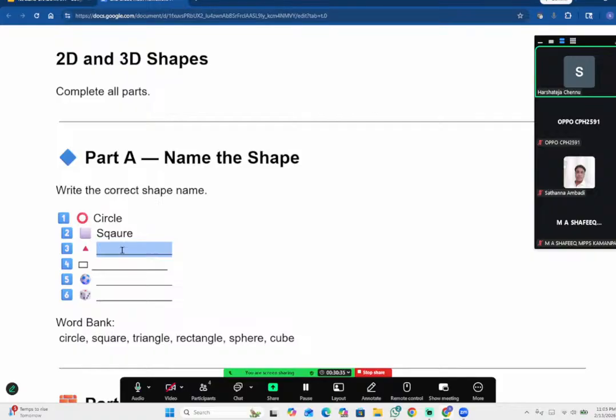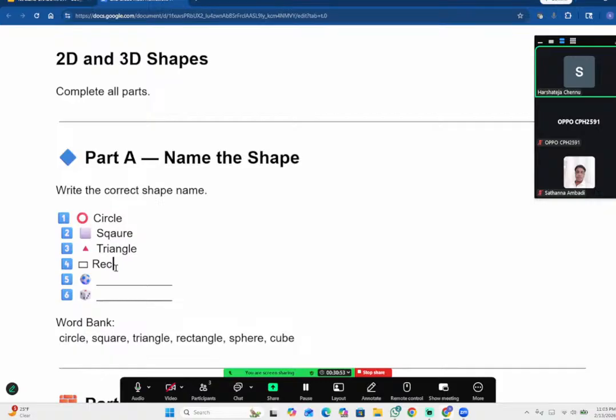We would call this a triangle. This one. 4 corners, 4 sides, 2 opposite equal lengths. Call this a rectangle.